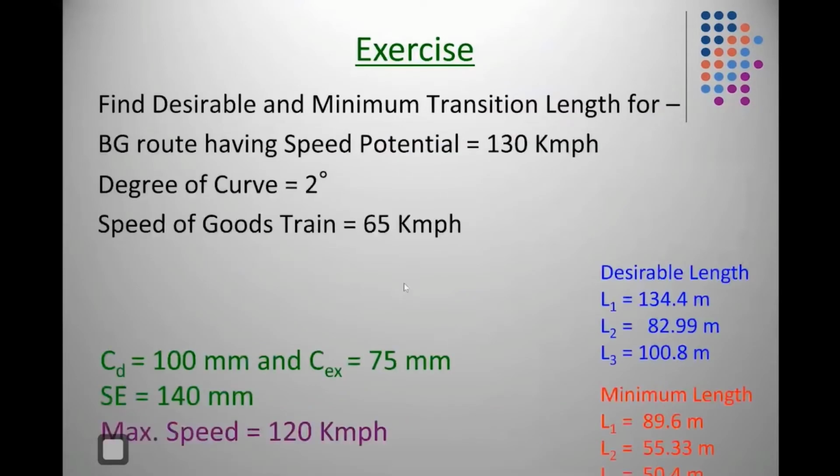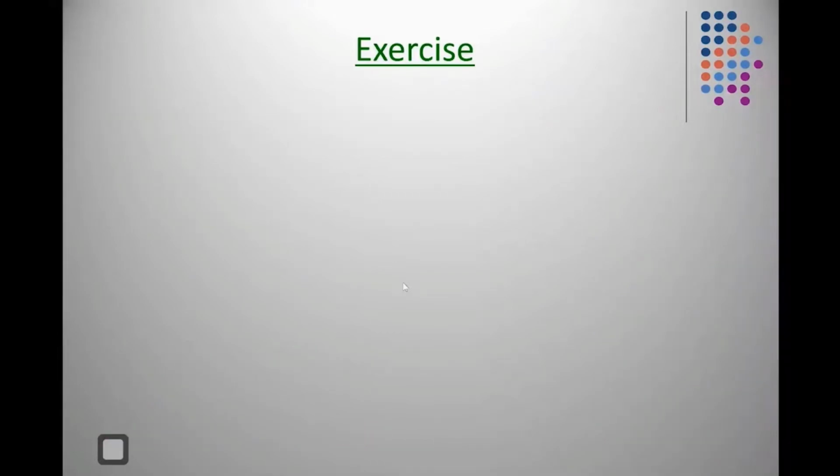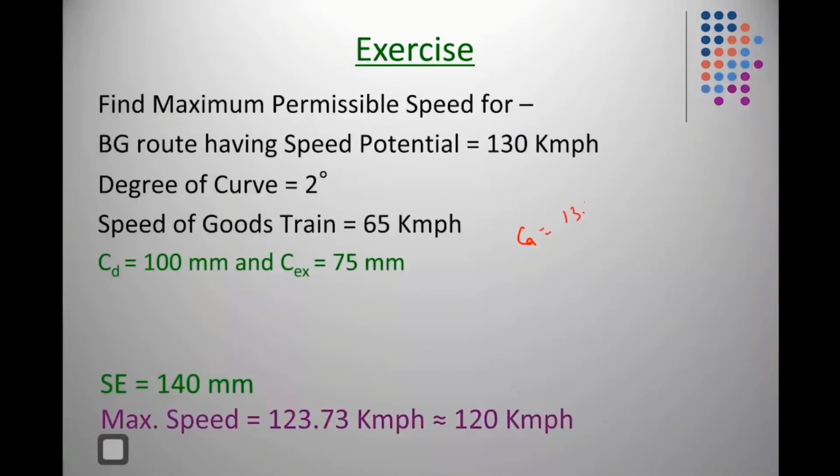This cant required for fastest train is 13.76 B square by 875. ये कितनी आ रही है?